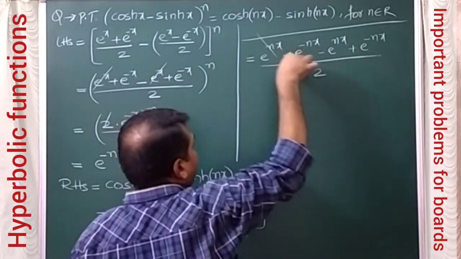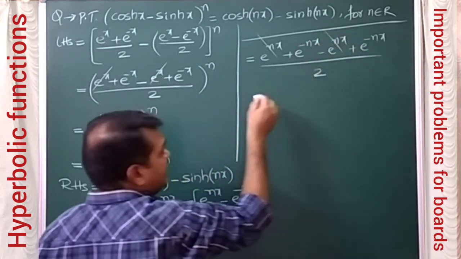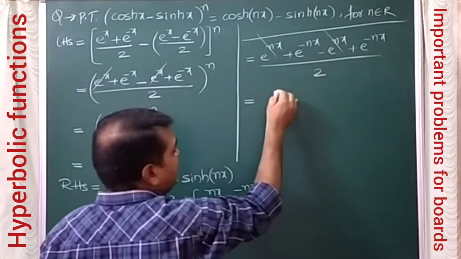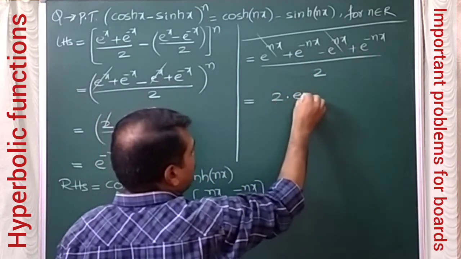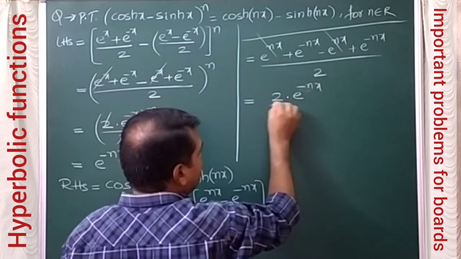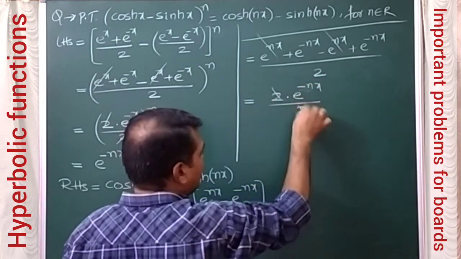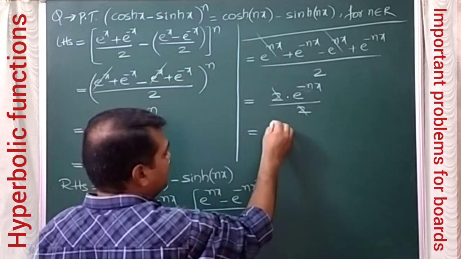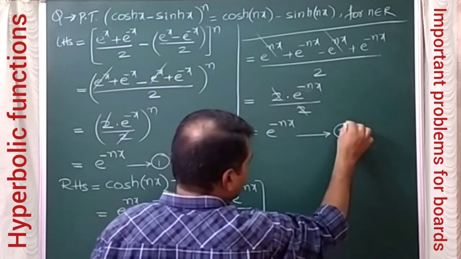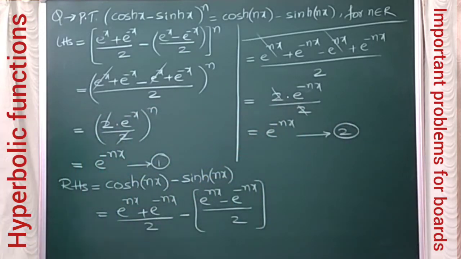So this e power nx and minus e power nx cancel. E power minus nx plus e power minus nx means 2 e power minus nx by 2. These two also cancel. So e power minus nx is left. Let this be 2. This is RHS value.